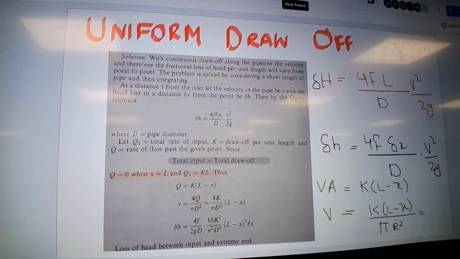This will give me the velocity. Now I can copy this whole thing, and I can put that one in this formula.